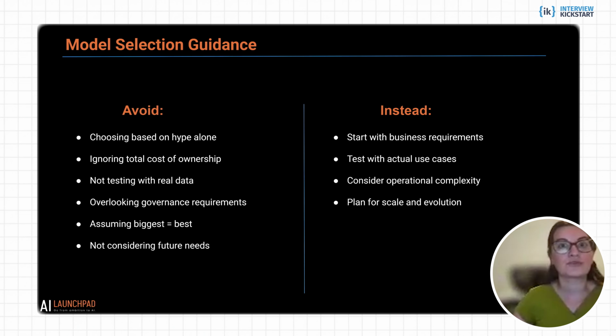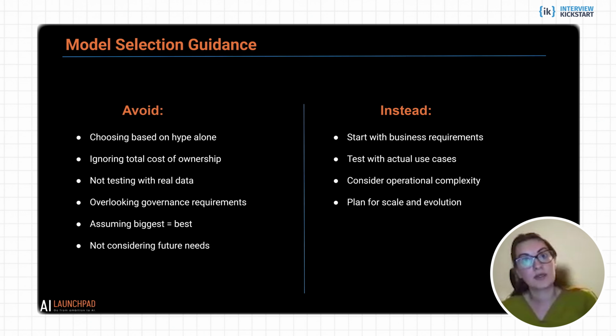No, we have to really focus on our own use case, our own concept, the total cost. And this could really go bad if we don't do our due diligence in these cases. We also need to remember, as I said, that the biggest model is not always the best model. So we'll talk a little bit about that.